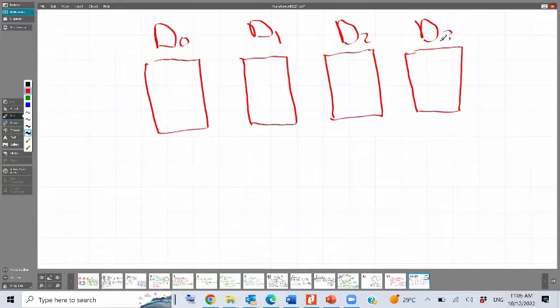The output of D0 is feeding the input of D1. This is Q0, and this is D1. Output of D1 is Q1, it is feeding D2. Output of D2, it is Q3.